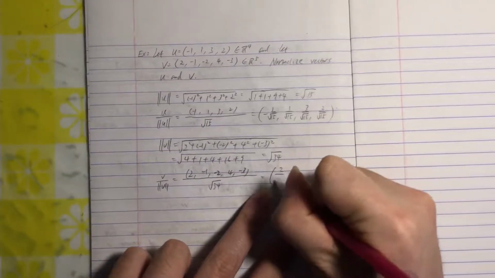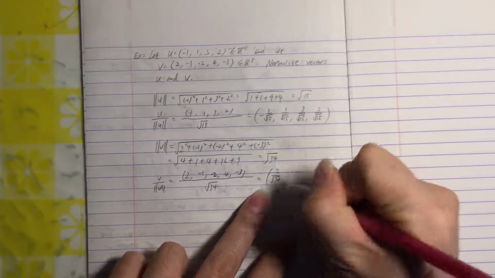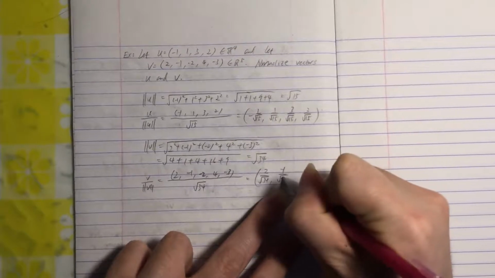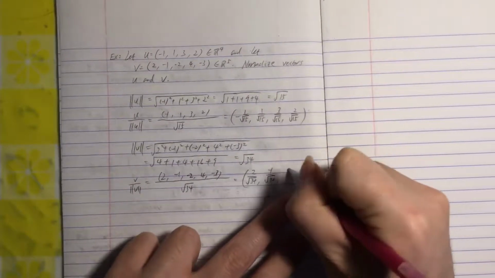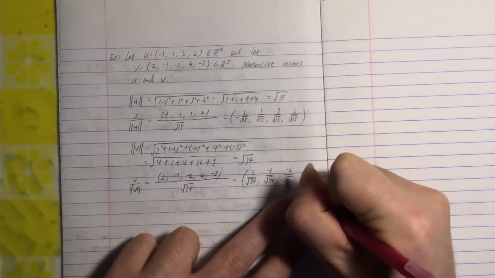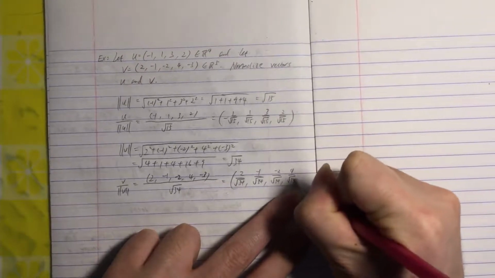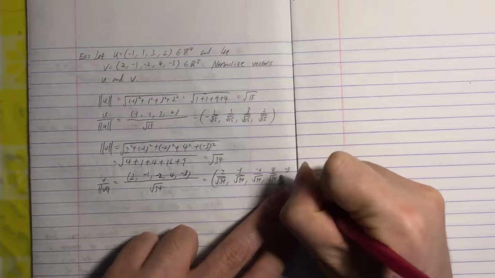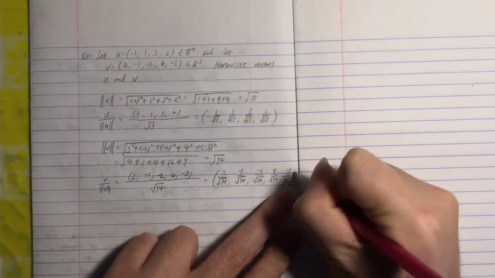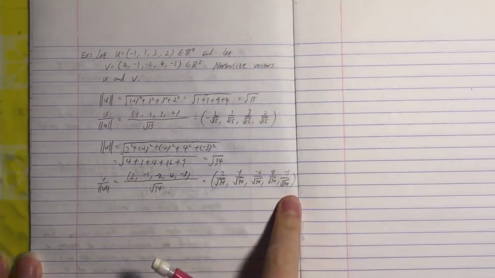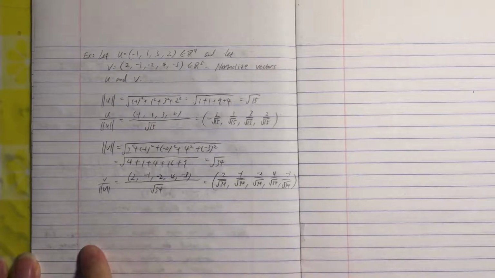We get 2 over square root of 34, -1 over square root of 34, -2 over square root of 34, 4 over square root of 34, and -3 over square root of 34. That's the unit vector in the same direction of vector v.